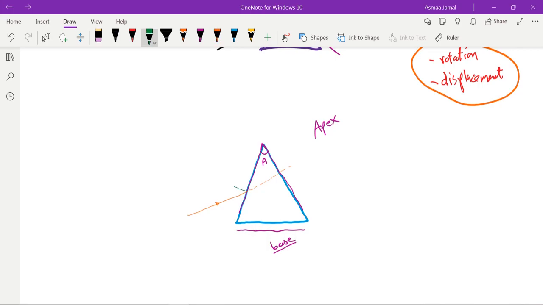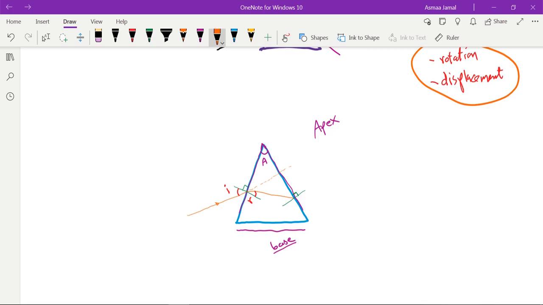This is our normal, and the normal, as we said, is the line perpendicular to the surface. Since that incident ray is traveling from a rarer medium, from air, to a denser medium, which is glass, it will bend toward the normal. So this is the incident angle, which means this is the refracted angle. This is the normal again, which is perpendicular to the surface.